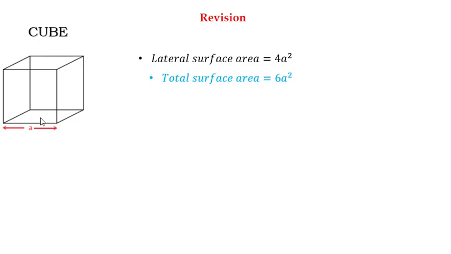That is, I have total 6 surfaces with the same area: front, back, 2 side faces and top and bottom. So total surface area is 6A square. And volume is again base area, that is A square multiplied by height, that is A. So volume is A cube.